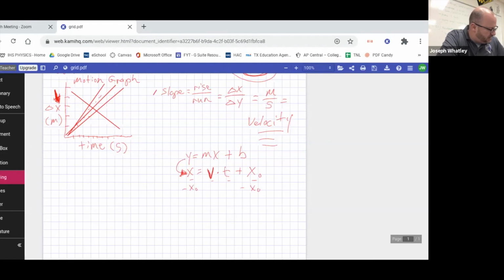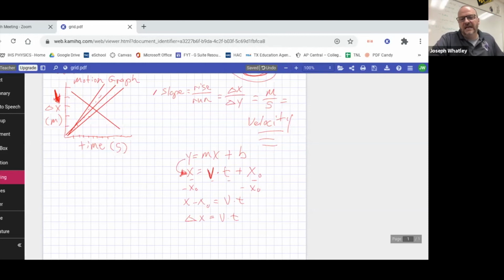And what we would get is x minus x naught is equal to velocity times time. Well, final minus initial, that's just a change in position.